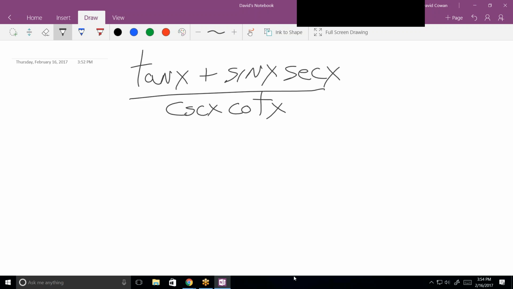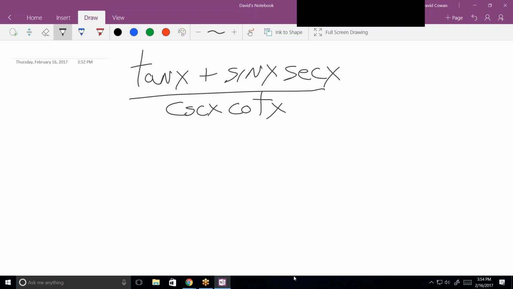So the one advantage of doing it the way they're doing it with you is that we can always simplify this. We might be able to simplify it to multiple things, but we can always simplify it by turning everything into sines and cosines. So what's the next line? The next line would be, what's tangent?